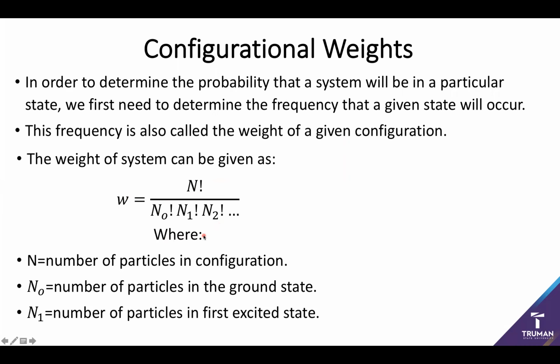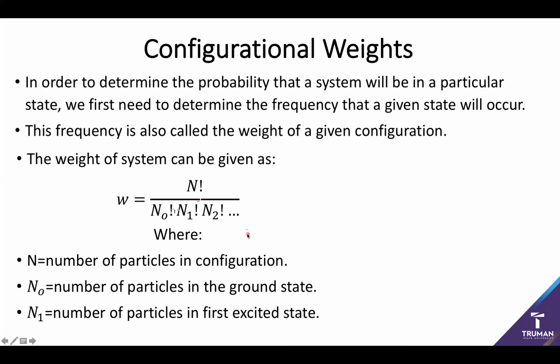So again, in this case, N is going to be the total number of particles in any given configuration we're talking about. And so N0 is going to be the number of particles in the ground state, N1 in the first excited state, N2 in the second excited state, so on and so forth.